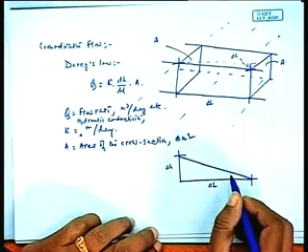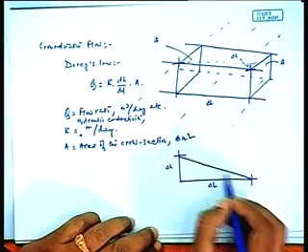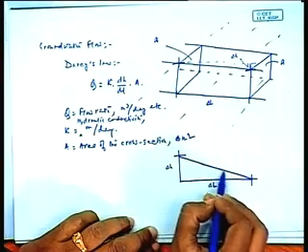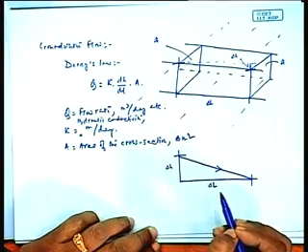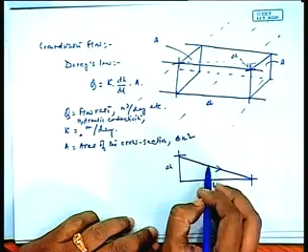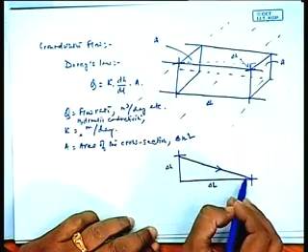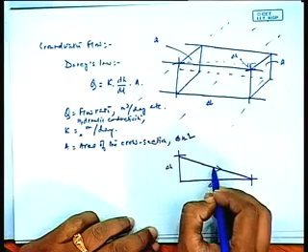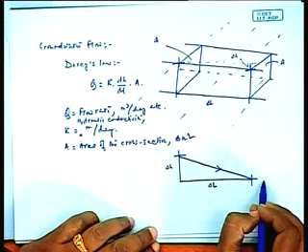Okay, is that clear? So this is particularly one flow direction. It's not necessary that the flow would be only in this direction. There would be a flow normal to this direction of flow as well.